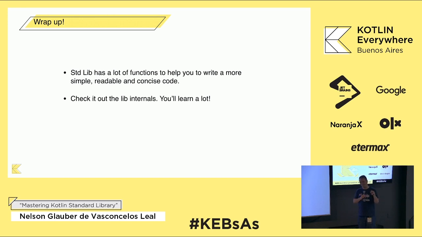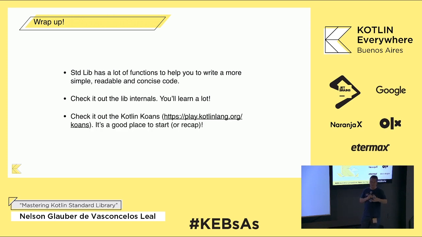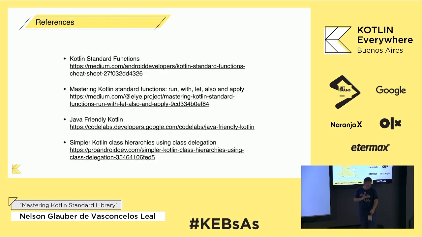If you look at the internals of apply or let functions, you see, for example, contracts, which is content that I didn't add to this presentation, but it's very interesting how contracts work, and a lot of other things. And if you are new in Kotlin, check out the Kotlin Koans. It's a good point to start, and there are a lot of samples and exercises to use the Kotlin standard library. And write Kotlin code, enjoy the standard library, and have fun.